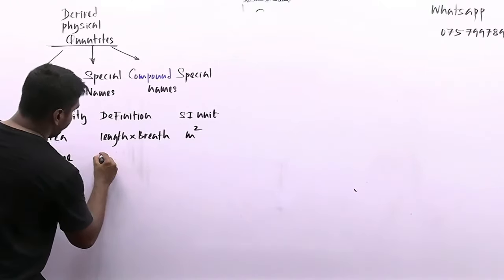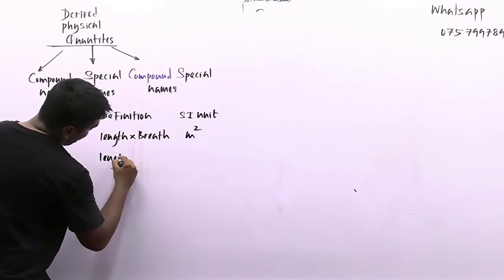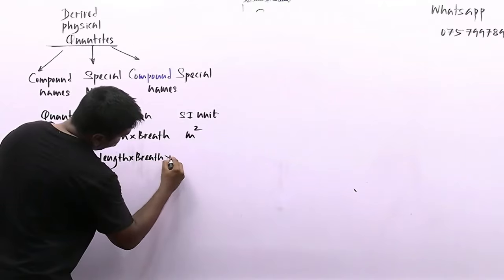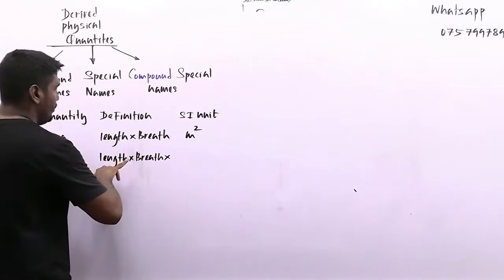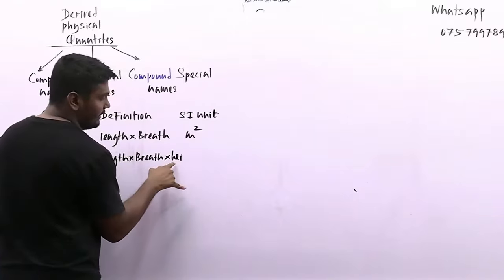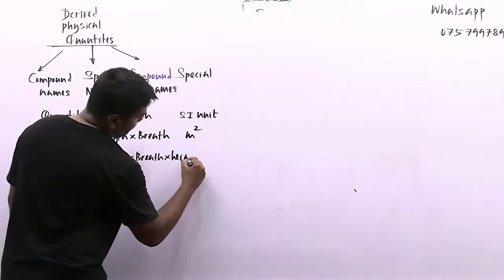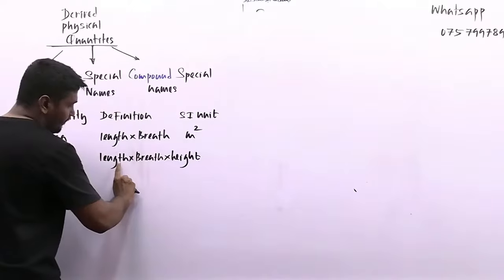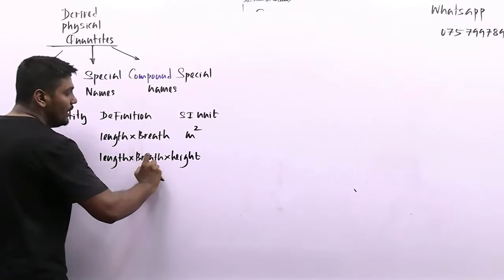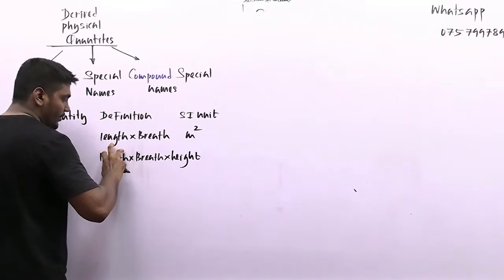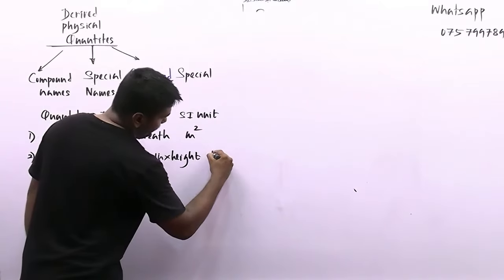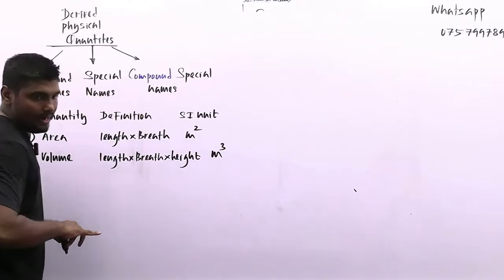Length, breadth and height are all basic quantities, measured in meters. So meters into meters into meters gives meter cubed.